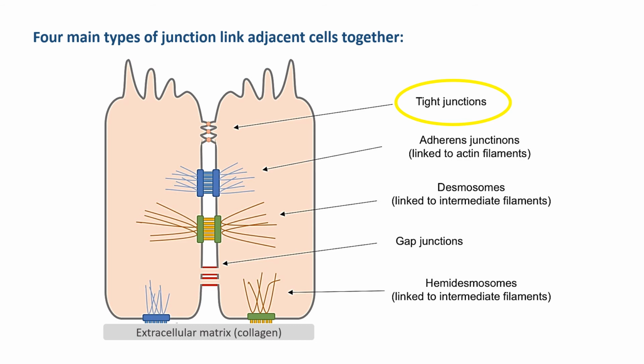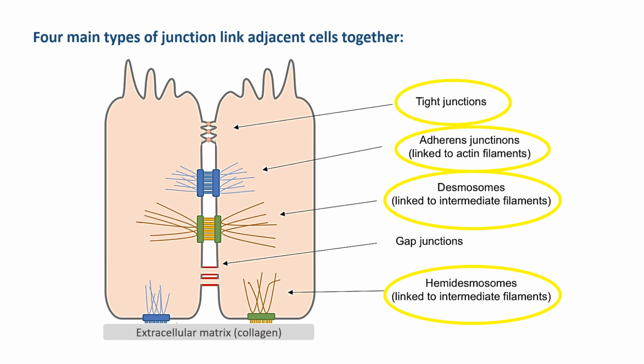Tight junctions are a bit of a misnomer, as we'll find out later on in the course. Below that, we have adherence junctions. Below that, you can see a desmosome. And at the bottom there, a hemidesmosome, half a desmosome.